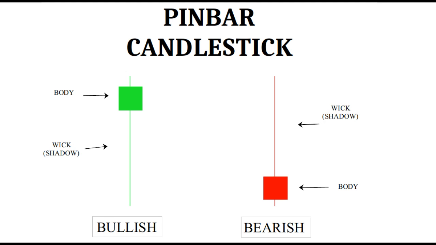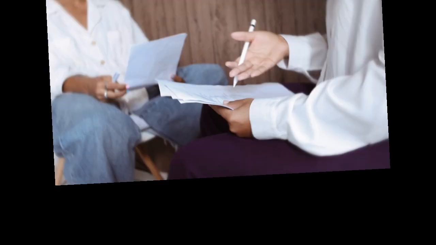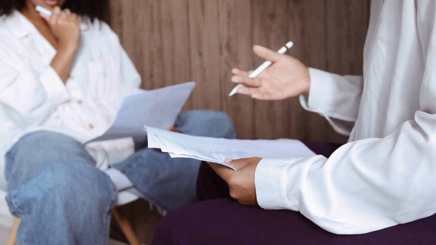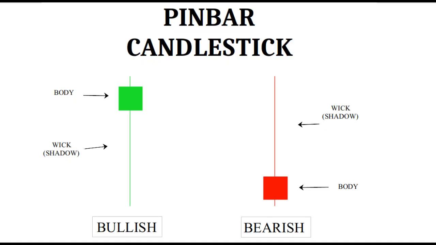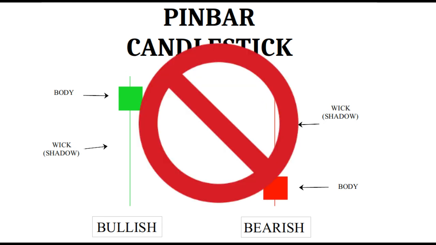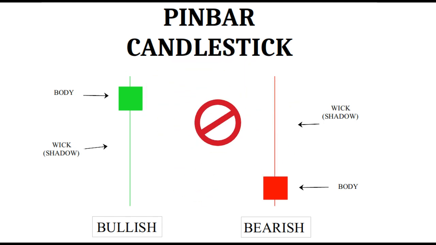Bullish pin bar signifies buy pressure and bearish pin bar signifies sell pressure. So when you see a pin bar candle on your chart, you'd know what it means and how to take action. Please note that not every pin bar should be taken seriously. The only pin bars that should be put into consideration are the pin bars found in some important zones.